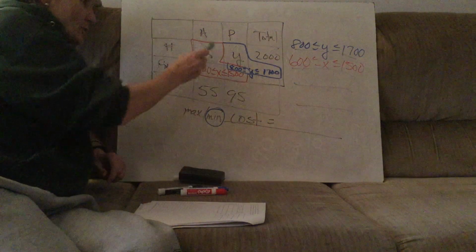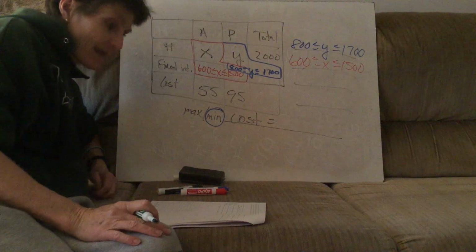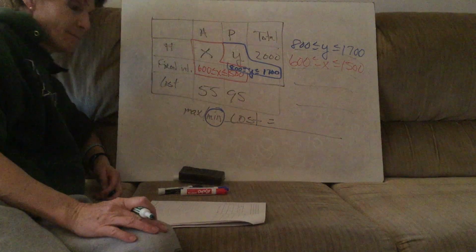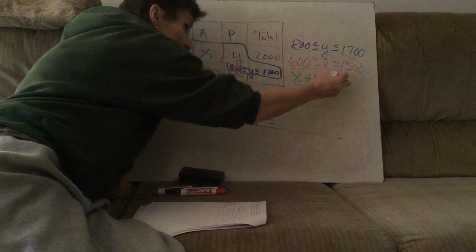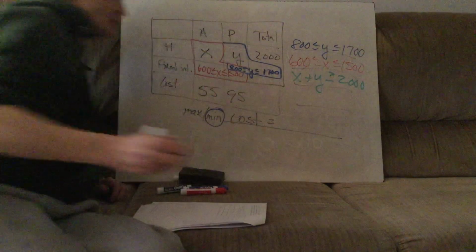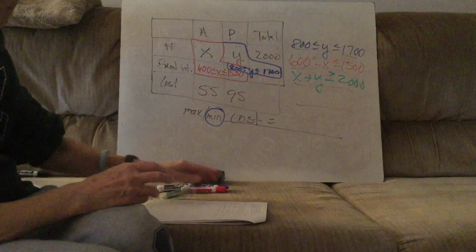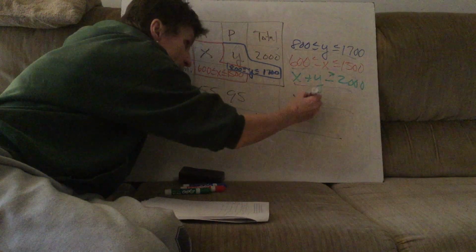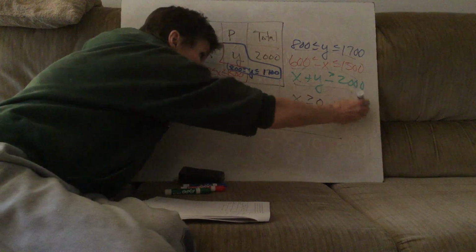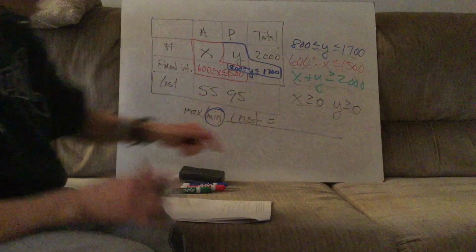What's that top equation? Now be careful. You really got to read the question. It says at least 2,000 must be produced. So whatever x and y are, they actually have to be greater than or equal to 2,000. We have to have at least 2,000. The two that are gimmies, you don't even need to write those down because of the fixed interval that's given, but it doesn't hurt anything.